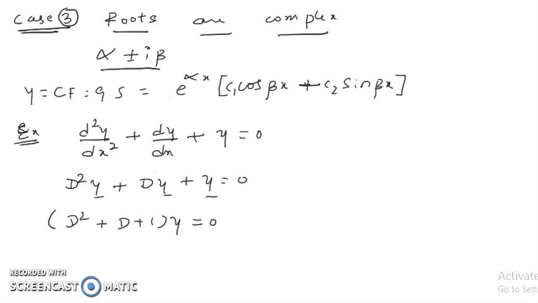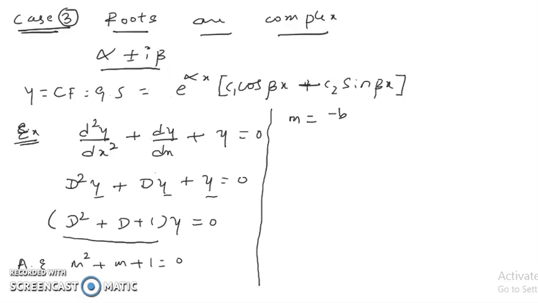This will form the auxiliary equation, so I can write the auxiliary equation as m square plus m plus 1 is equal to 0. I have to find its roots. To find its roots we know m is equal to minus b plus or minus square root of b square minus 4ac, over 2a.